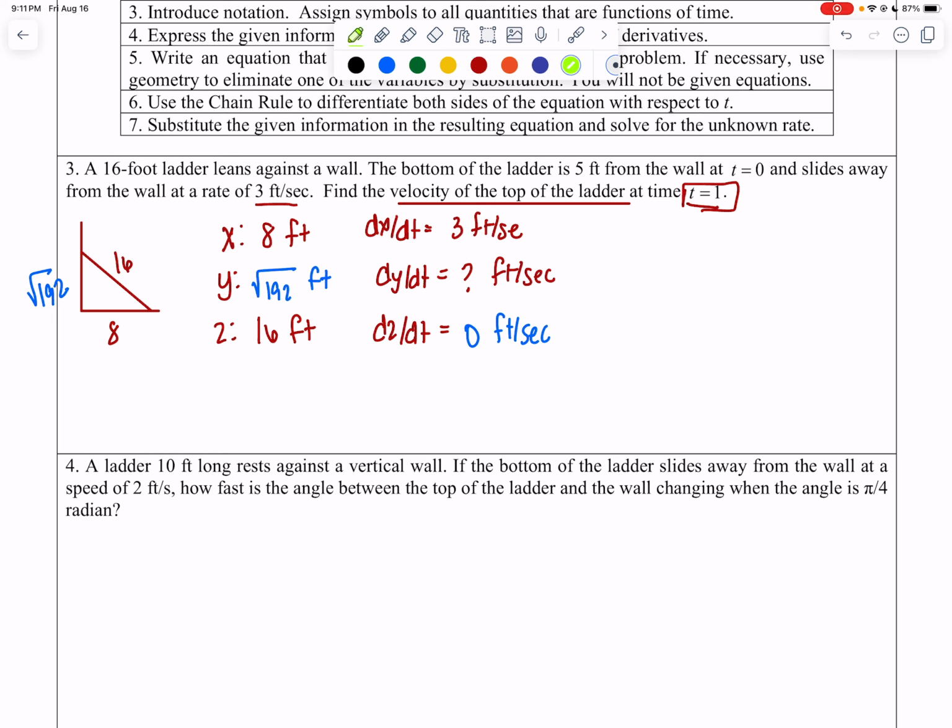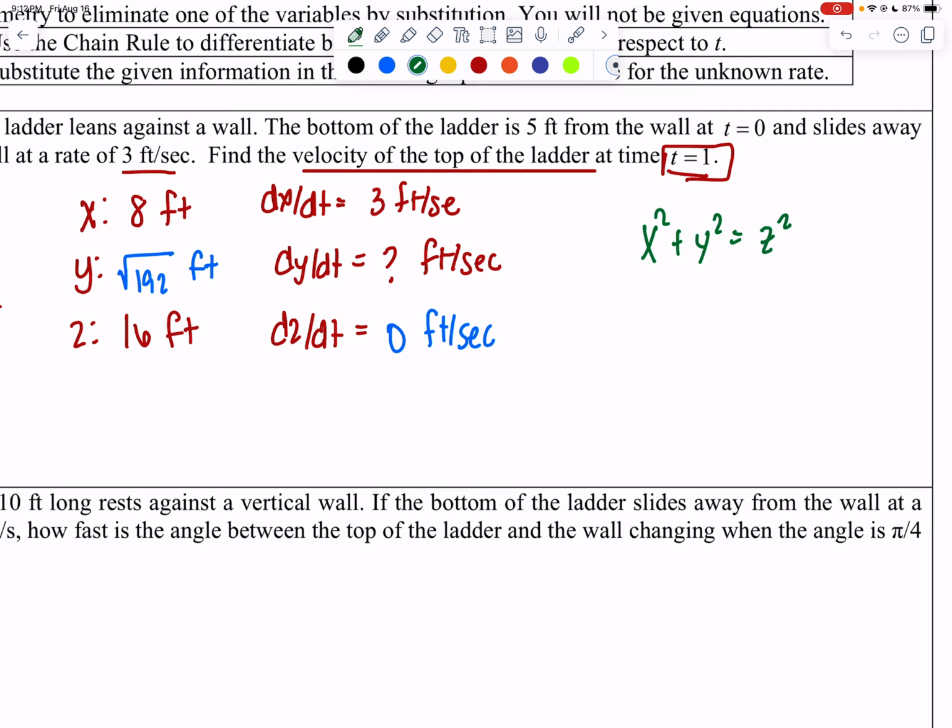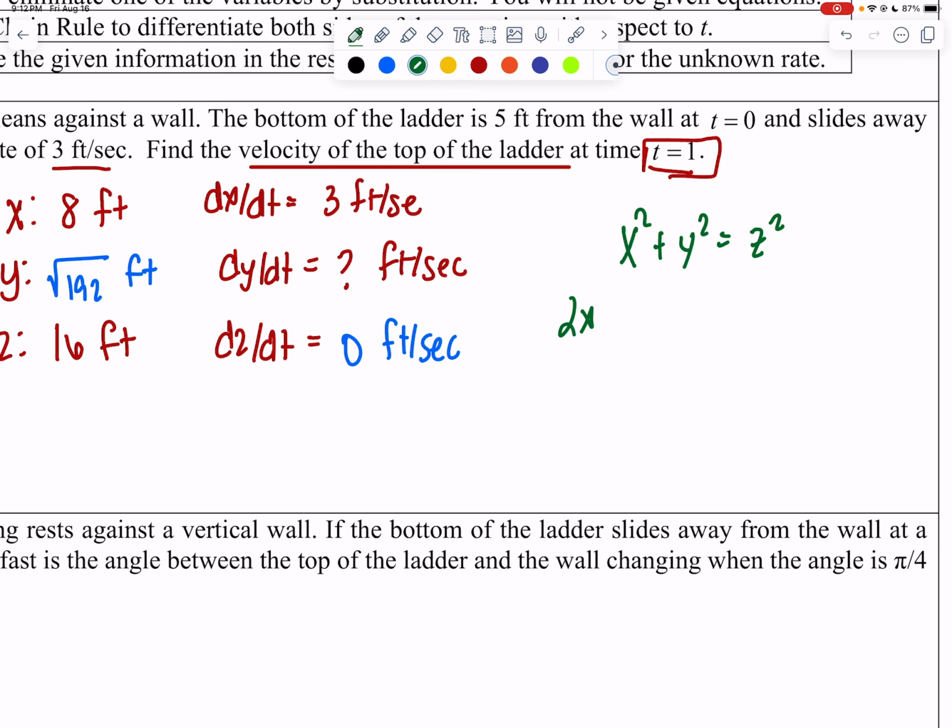We have x squared plus y squared equals z squared. And then we're going to take the derivative of this. So 2x dx/dt plus 2y dy/dt equals 2z dz/dt. I'm going to go ahead and eliminate the 2's.